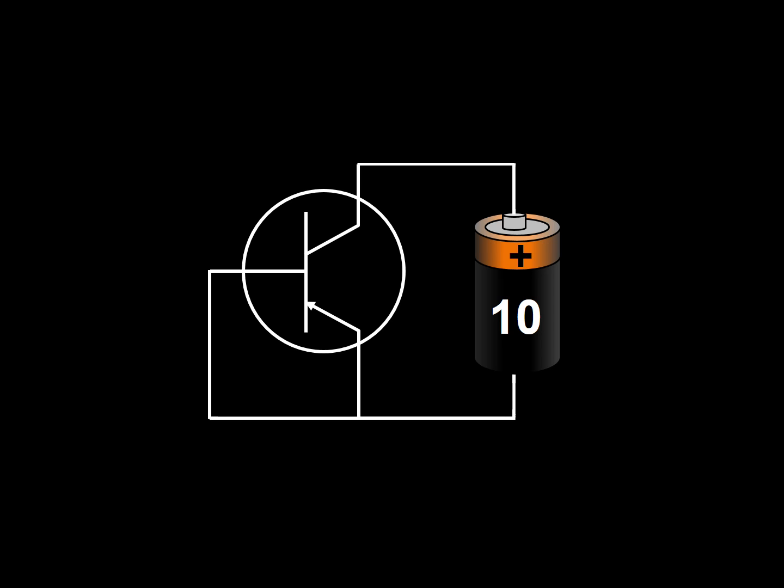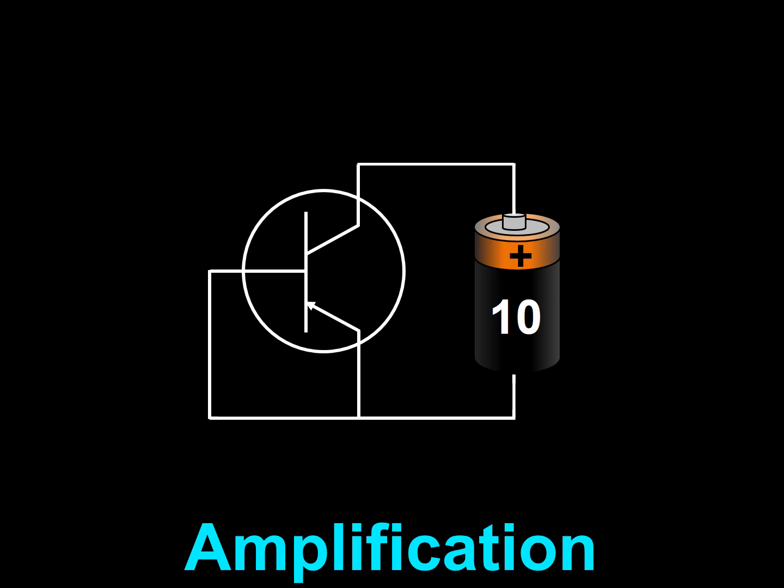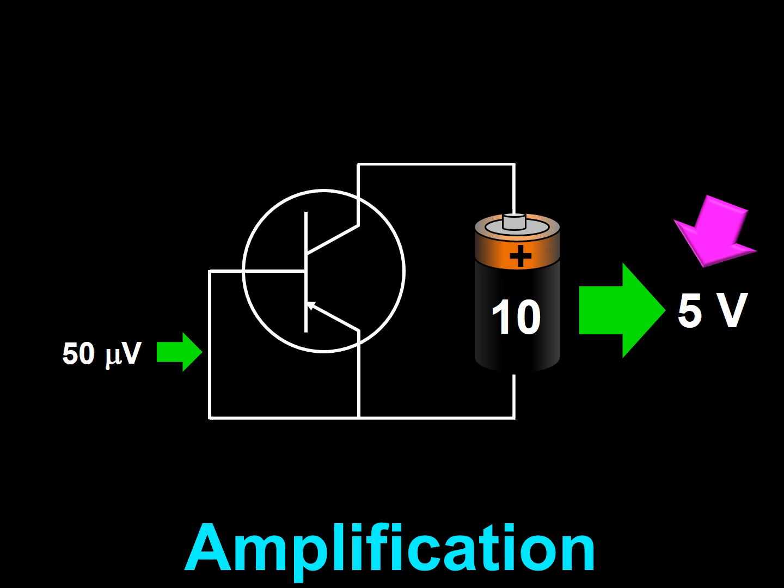Their functions are two functions. I will first address amplification. In this frame, I am representing a brain-generated activity of 50 microvolts entering the transistor and generating an activity of 5 volts.